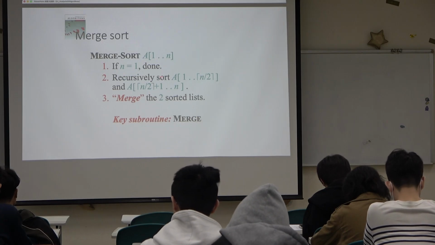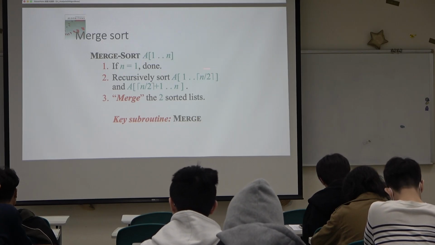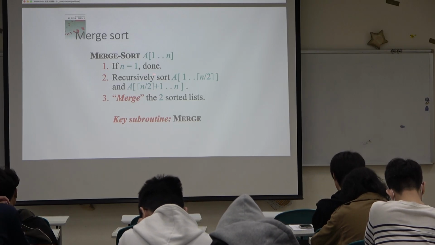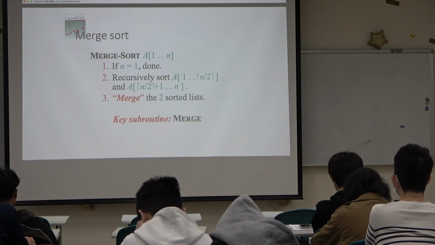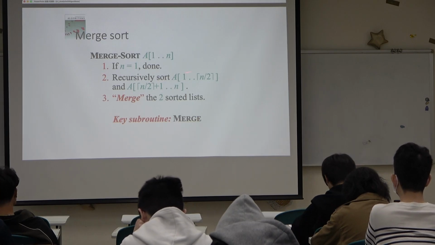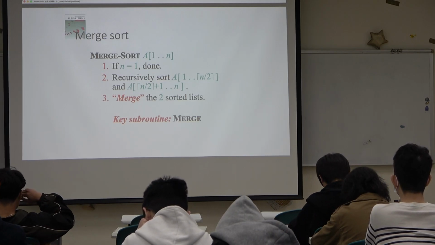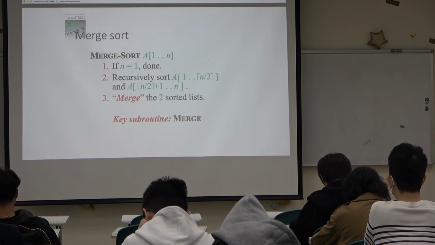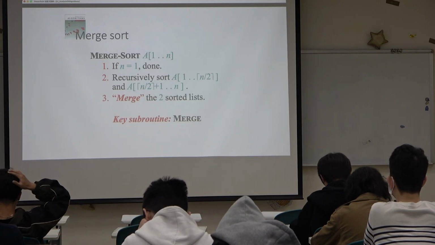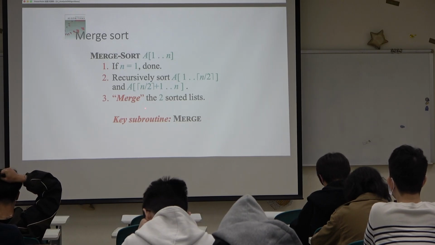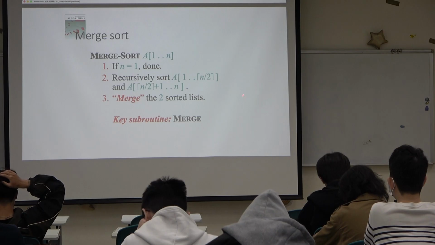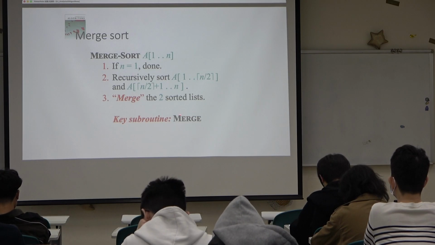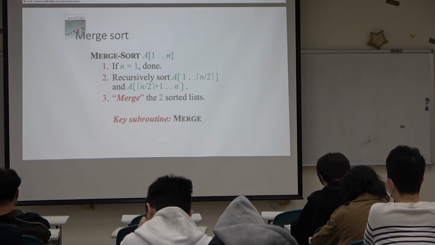It is a recursion, so you don't need to worry about that. Assuming it has been done, now you have two different sorted lists. You need to merge them into one sorted list. Only these 3 steps.